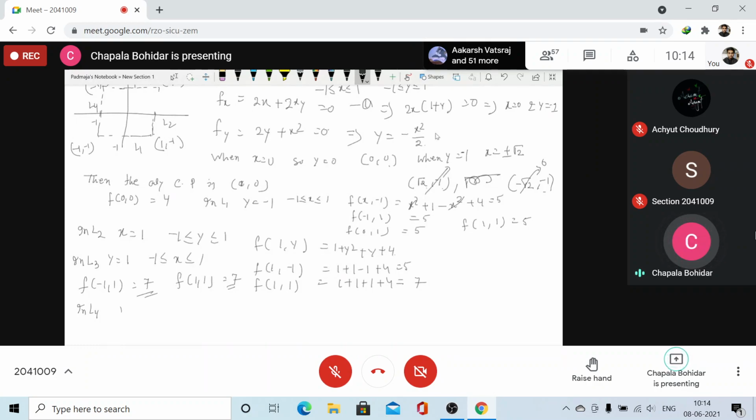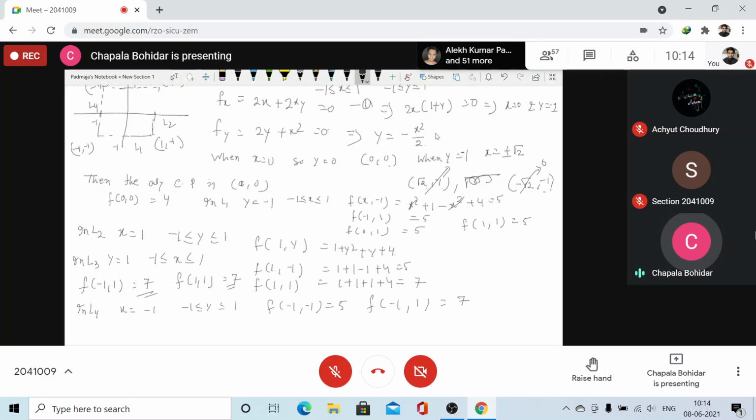L4, x is equal to minus 1 and y is in between minus 1 to 1. So the value I got here, f of minus 1 is equal to 5. f of minus 1 is equal to 7. Okay.